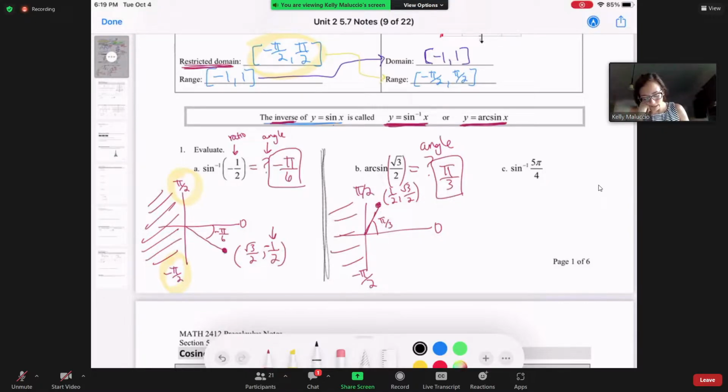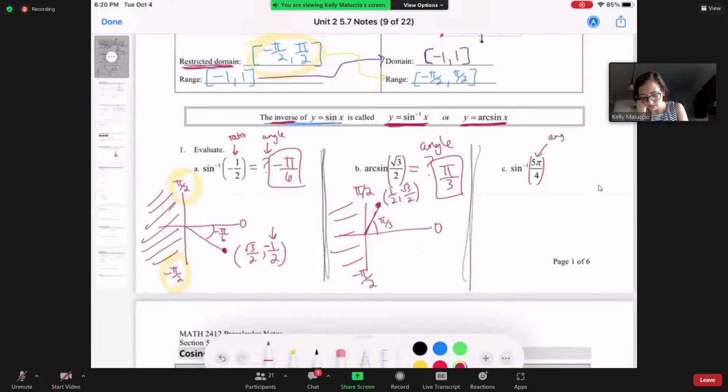Now, maybe this last one, they're trying to just trip us up a little. So we have 5 pi/4. In this case, this to me looks like an angle, right?